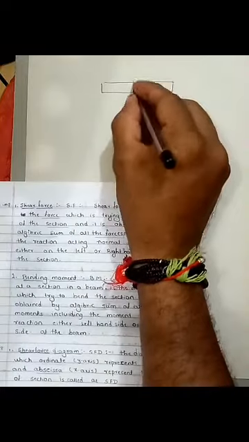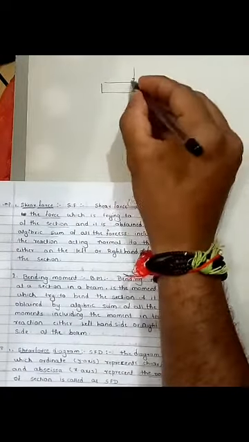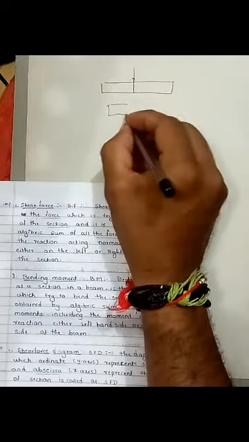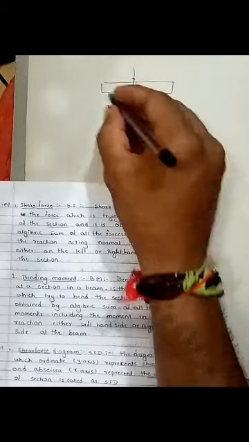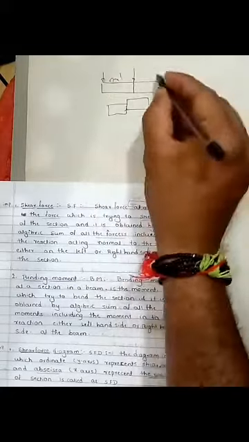See here, if this is the beam, at a section, if I apply the force, either this part or this part will try to shear off like this. Then there will be many forces on this and many forces on this which will try to shear off.